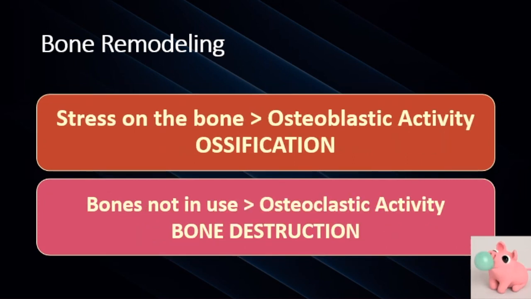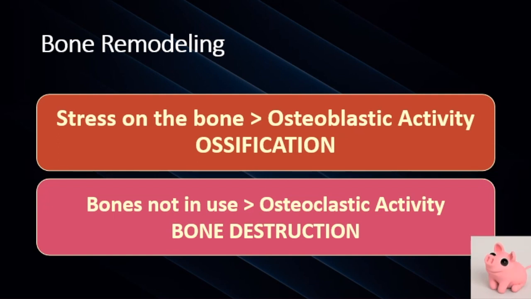Next, in your bone remodeling, the stress on the bone would lead to osteoblastic activity. When I say stress, class, don't count this as an injury. What I mean by stress is that when the bone bears weight, it would usually result in osteoblastic activity, resulting in ossification. On the other hand, when the bone is not in use, it would result in increased osteoclastic activity.